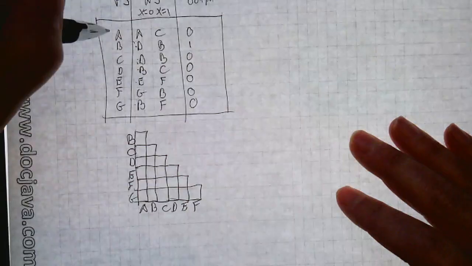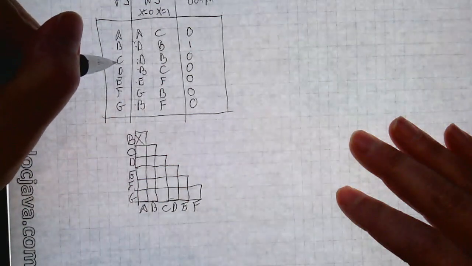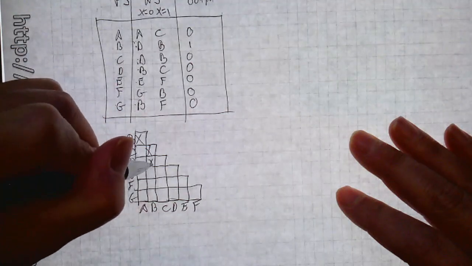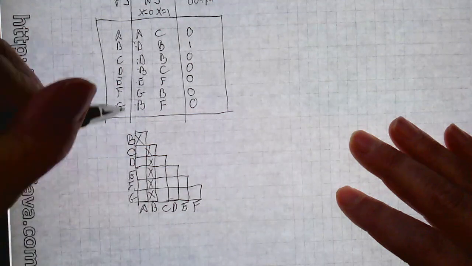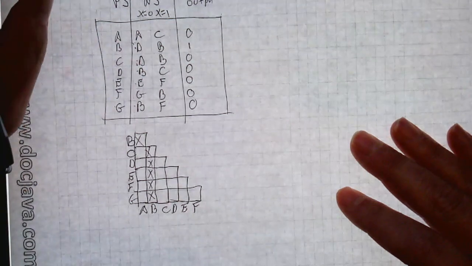So it looks like A could be different from B. B must be different from C, D, E, F, and G. And there are no other obvious output differences.